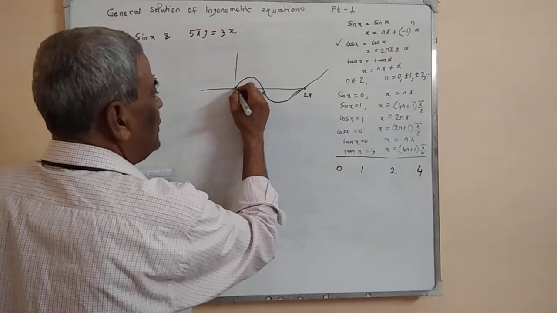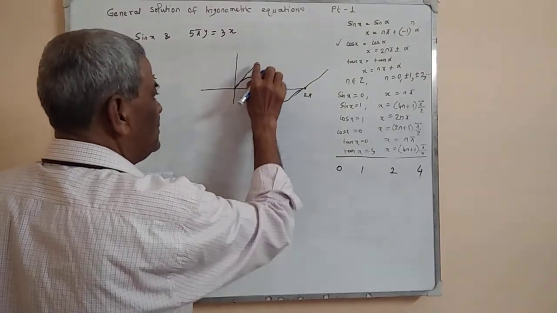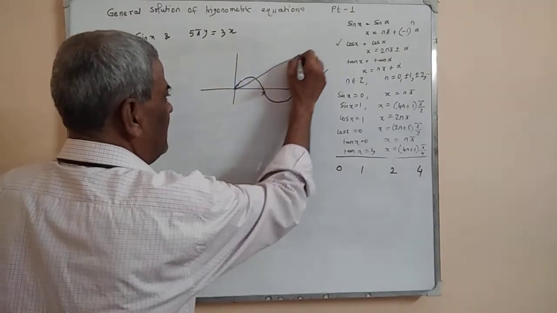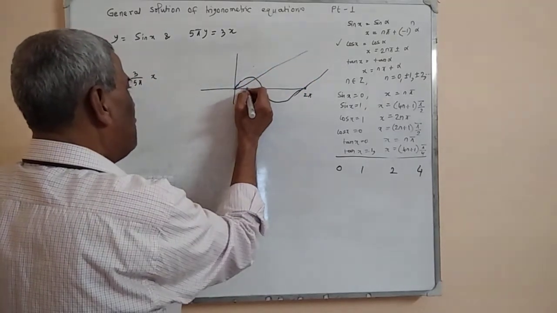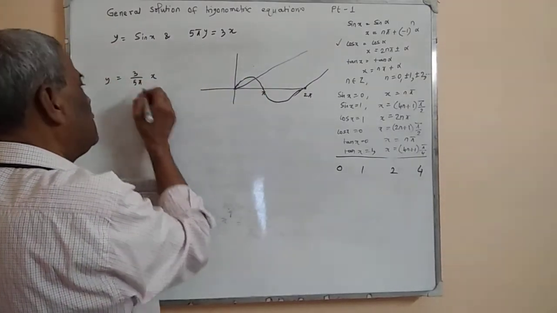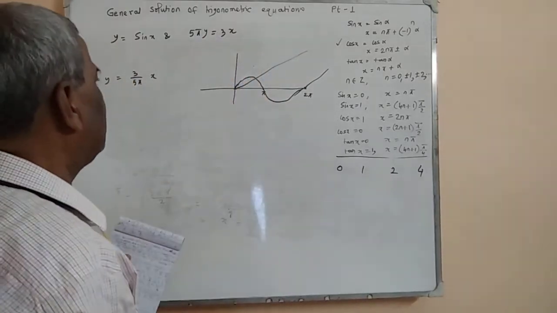So its equation will be like that. It is less than 45 degrees. So this equation is that in the graph.